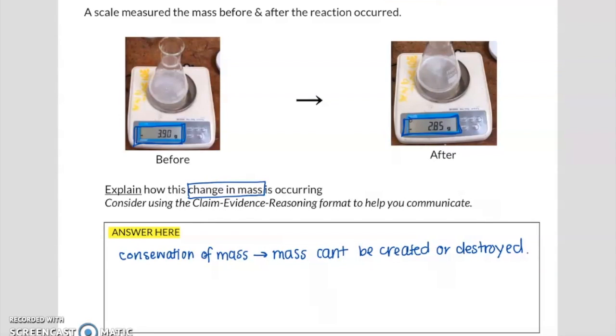So we're noticing a drop in mass, but it's important to recognize that we can never violate the conservation of mass. So this drop in mass, that mass had to go somewhere. It didn't just magically appear. It didn't just magically disappear. It had to have gone somewhere. So where did that mass go?